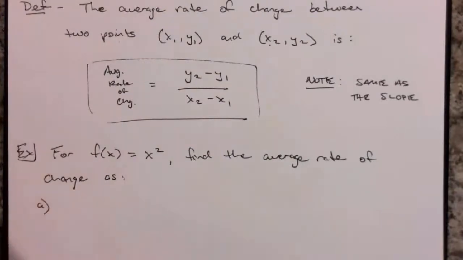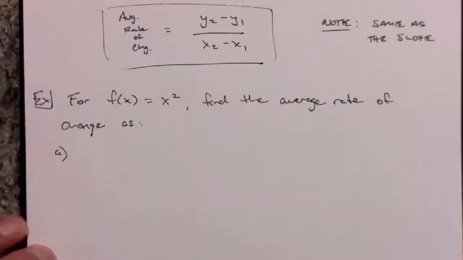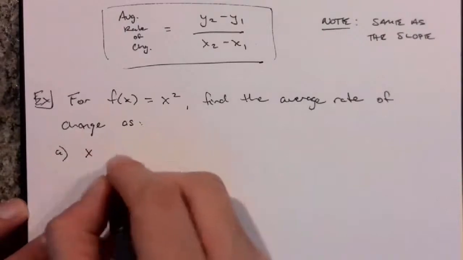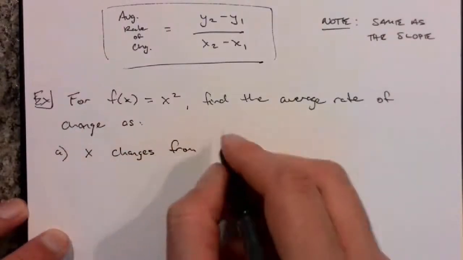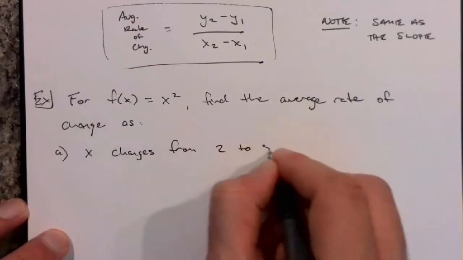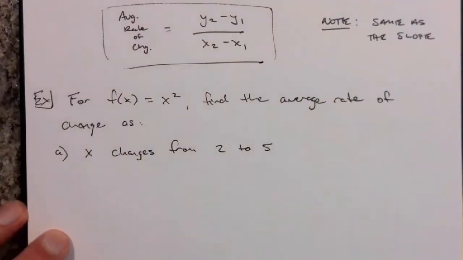So for the first one, find the average rate of change as x changes from 2 to 5. Now remember, these are x values that are 2 and 5.